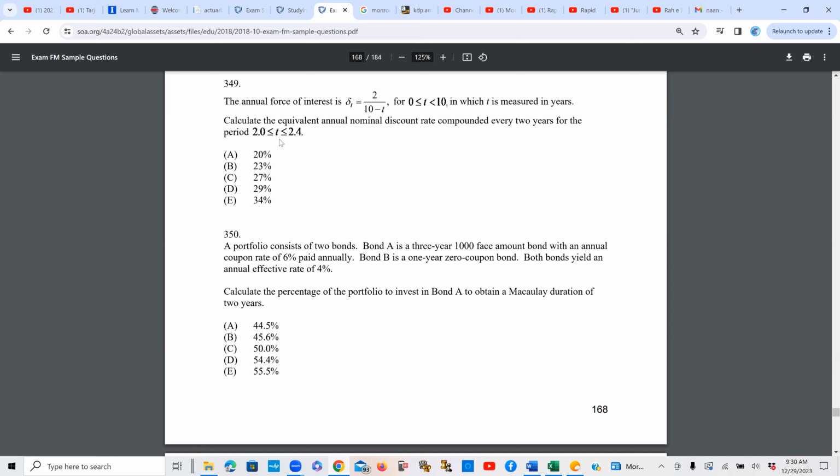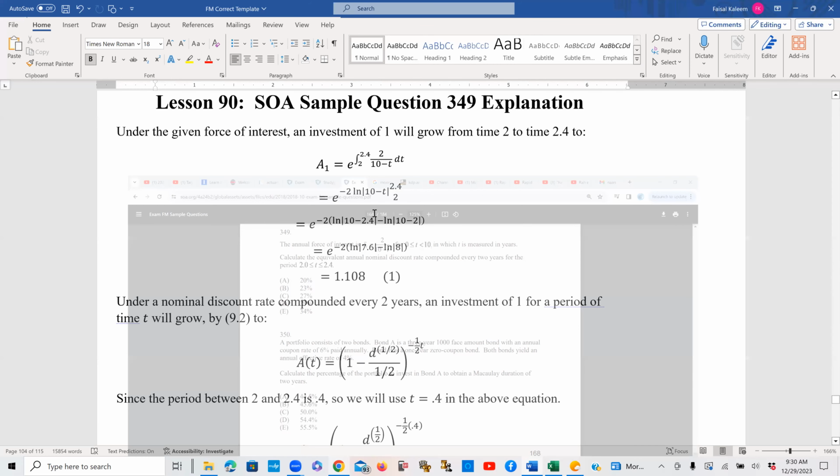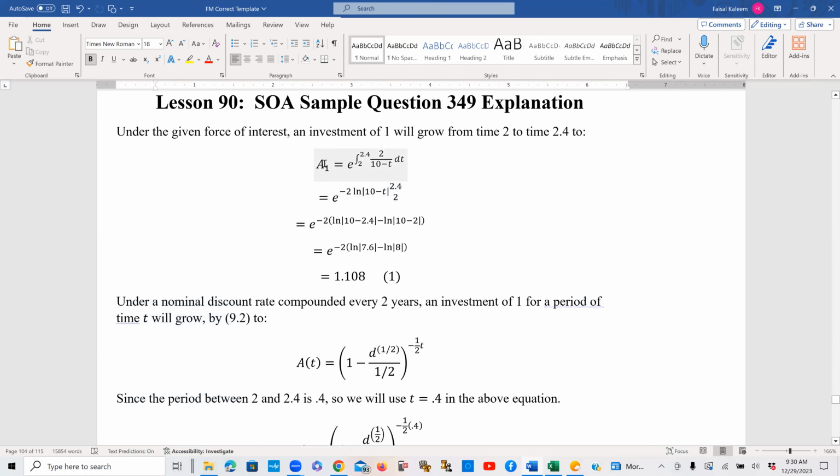So we want the nominal discount rate from 2 to 2.4, and therefore we first calculate what will be the amount with a principal of 1. If we go from 2 to 2.4 under the force of interest, we have e power integral 2 to 2.4 of 2 over 10 minus t.